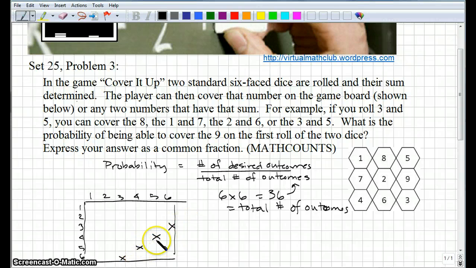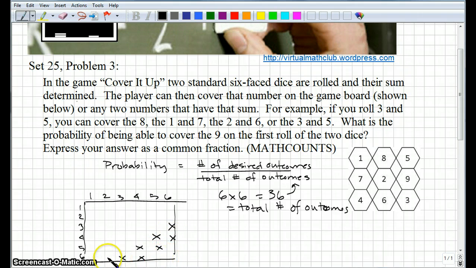Okay, so these 4 give us a sum of 9, right? The 6 and the 3, the 5 and the 4, the 4 and the 5, and the 3 and the 6. We could also cover the 9 with a 6 and a 4, or a 5 and a 5, or a 4 and a 6.